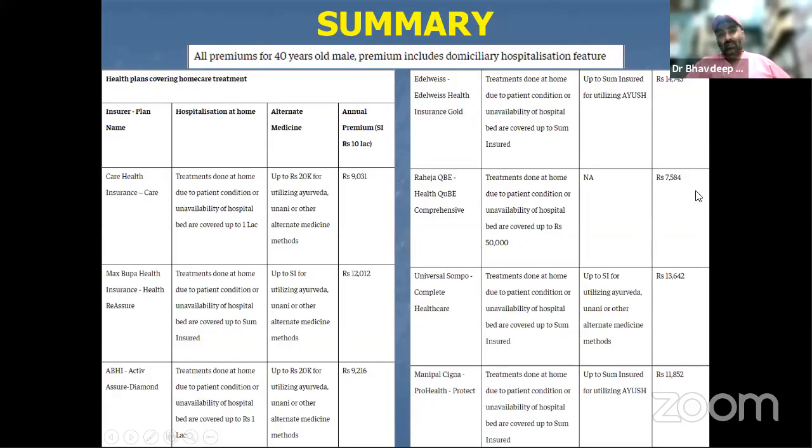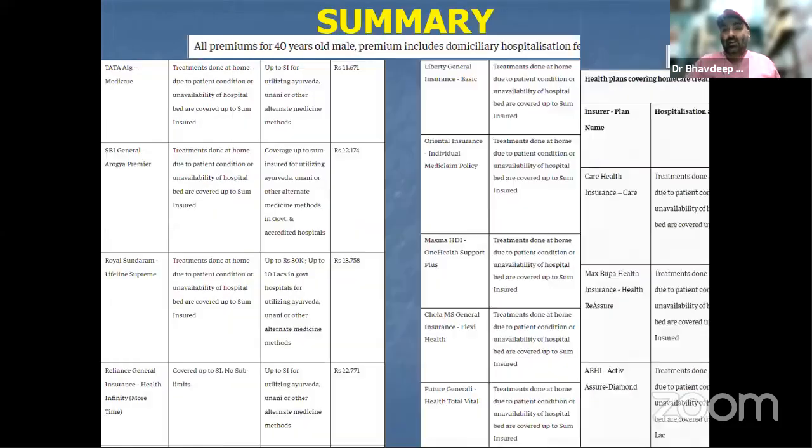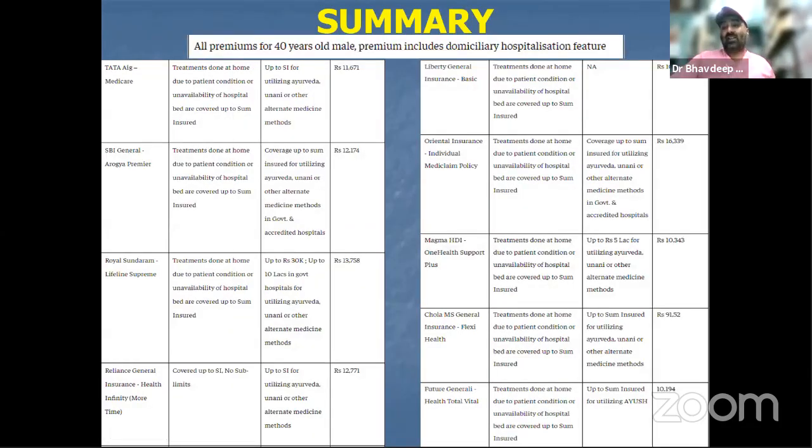We saw that the premium might be on the lower side, but then the network ratio is very low. The network hospital list is very small, and the claim settlement ratio was low. Then Tata AIG plan, 11,671, SBI Arogya Premier, Royal Sundaram, Reliance General Health Infinity Plan, again one of the very good plans of general insurance. So again, up to sum insured.